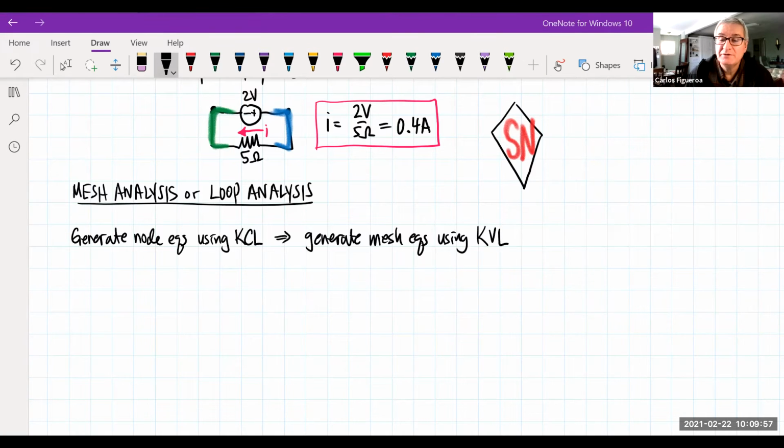So what you want to do here is that these mesh equations generate loops or loop currents. And what we want to do is go in and get an idea of what's going on. So in a very analogous way as before, we want to start off with mesh analysis.